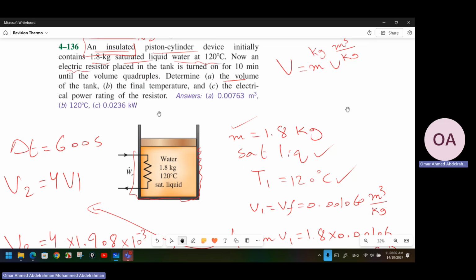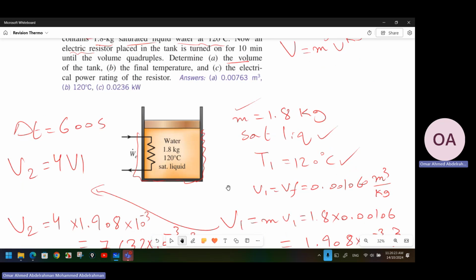But here I don't have any information about state 2. There is nothing mentioned about state 2, not the temperature, not the pressure, not even the phase. Is it a saturated mixture, a liquid? I don't know. Whenever you see something like this, do not panic. It is easy, inshallah.